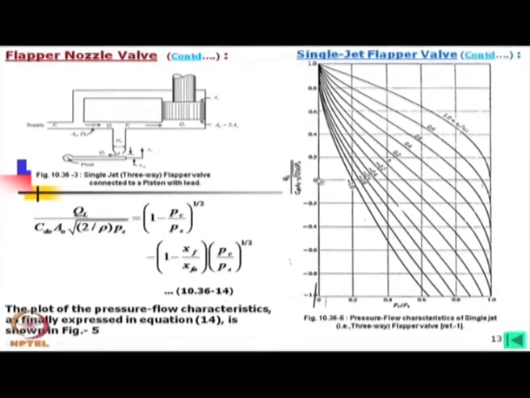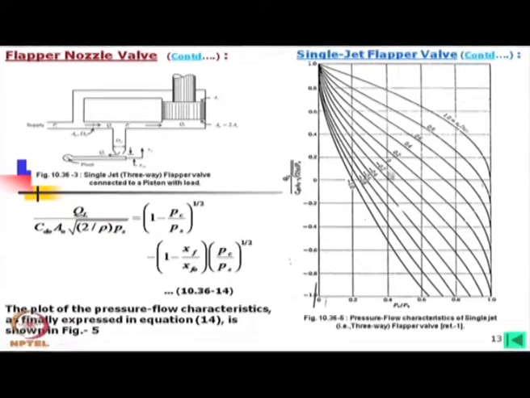In that case, obviously, this flow is 0, because the load flow can take place in both the directions, and what we find is x f by x f 0 is here. So this is basically the null position.